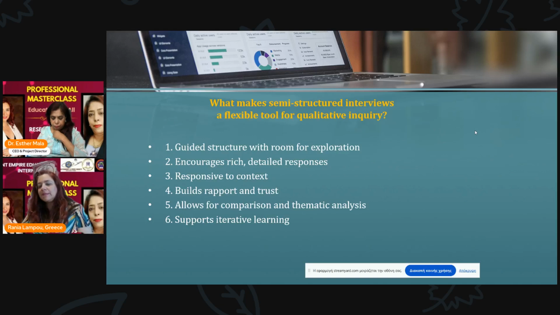And this adaptability makes it useful in exploratory or evolving research contexts. So we could say that semi-structured interviews strike a balance between consistency for comparison and freedom for depth and discovery, making them a powerful, flexible tool in qualitative research.